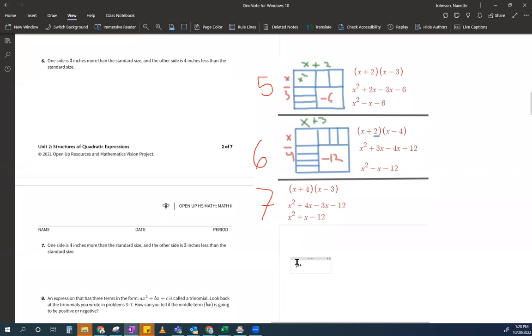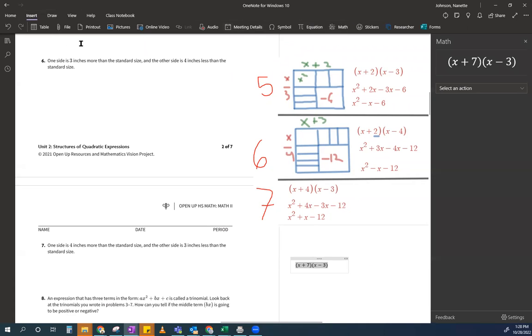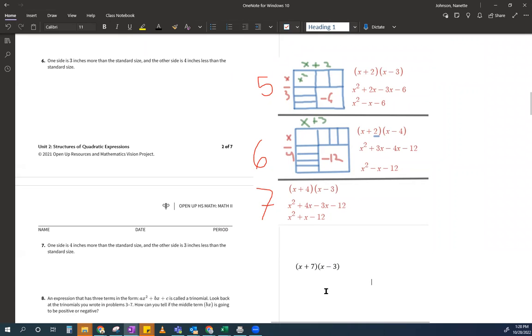X plus 7, X minus 3. Like, let's say that I do this and I'm like, hey, is the middle term here going to be positive or negative?